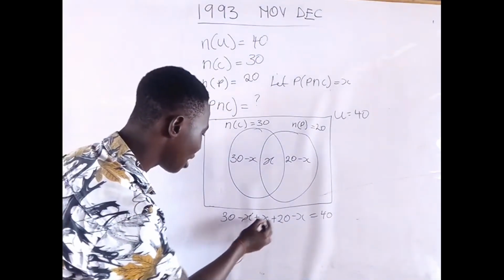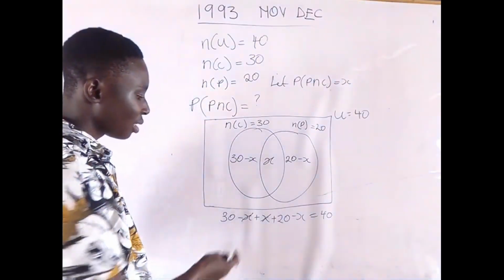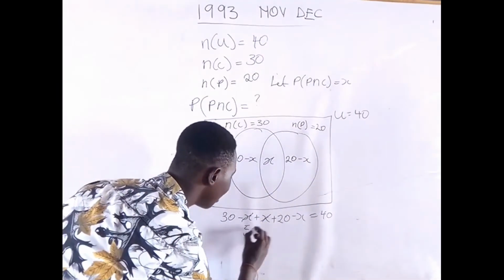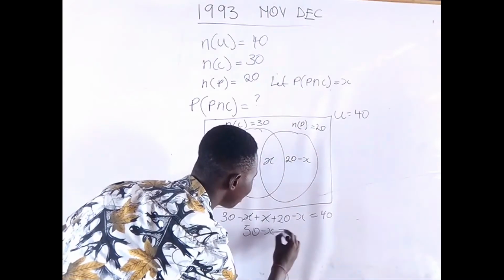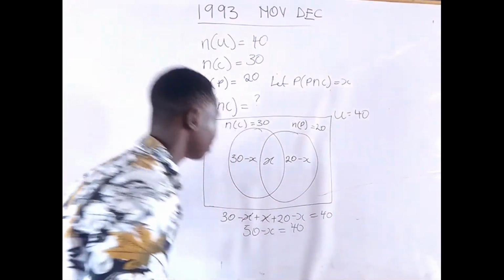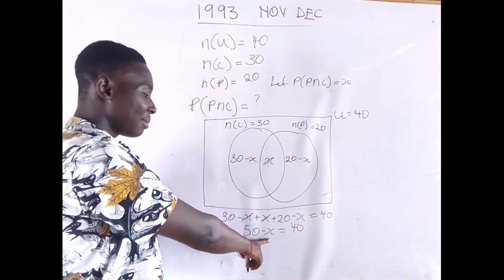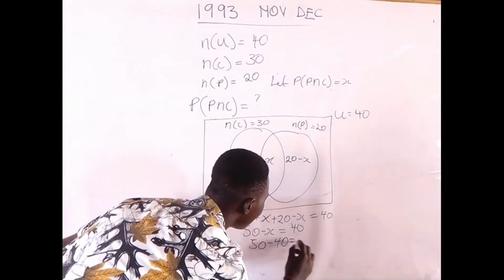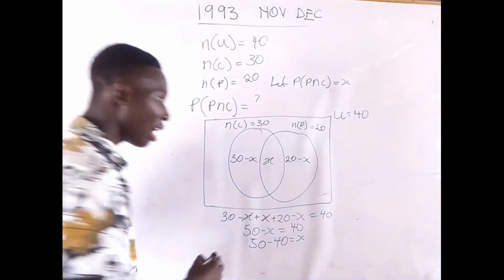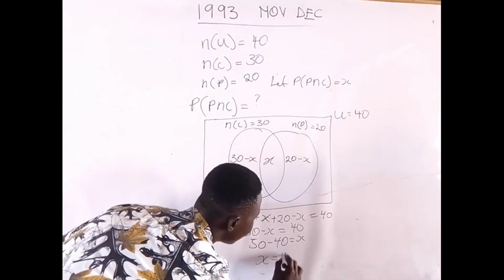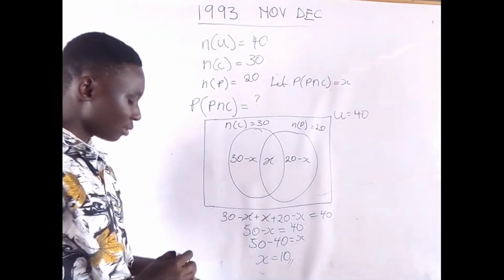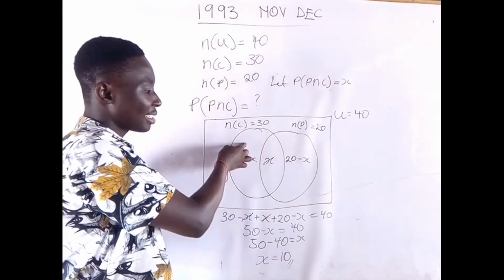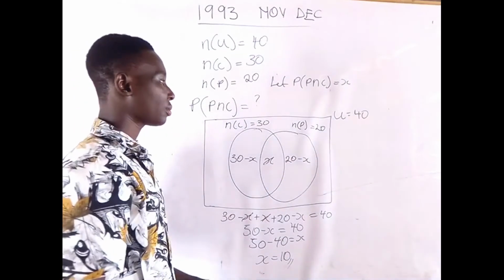Now, 20 plus 30 is going to give us 50. 50 minus x is equal to 40. Now we make x the subject. So we are going to get 50 minus 40 is equal to x. So now x is equal to 10. So we've gotten those that read both physics and chemistry.